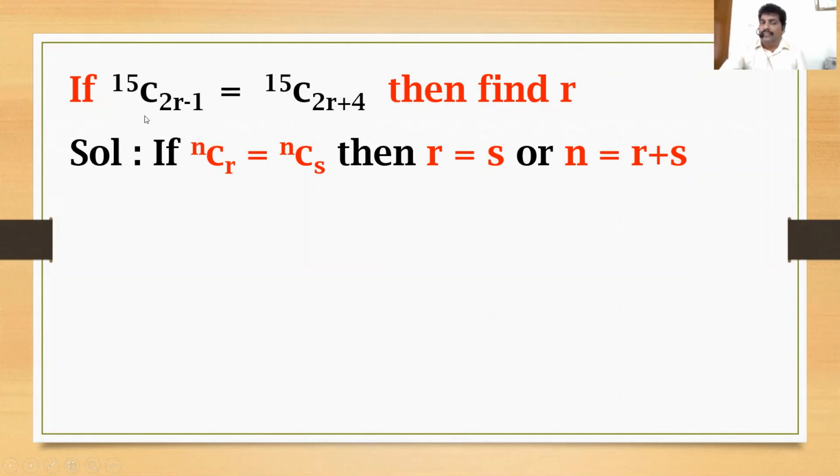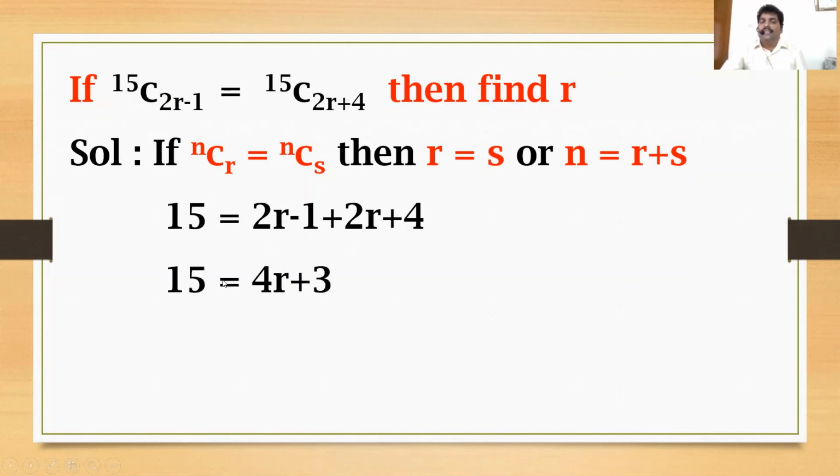N means 15. 15 is equal to 2R minus 1 plus 2R plus 4. So now 2R plus 2R is 4R. Minus 1 plus 4 is 3. So that is 15 is equal to 4R plus 3. Next, if you bring it to the left hand side, 4R is equal to 12. So R value is 12 divided by 4, that is equal to 3. So in this way, you have to find the R value.